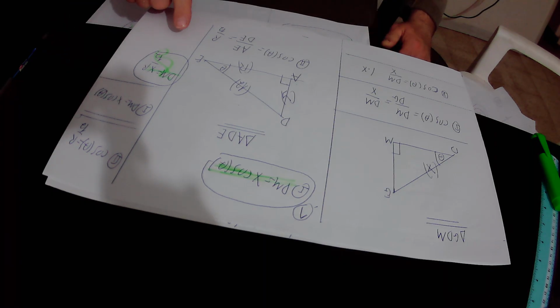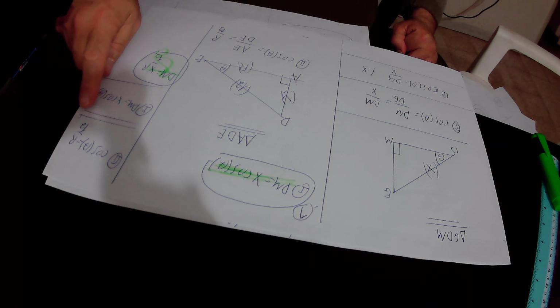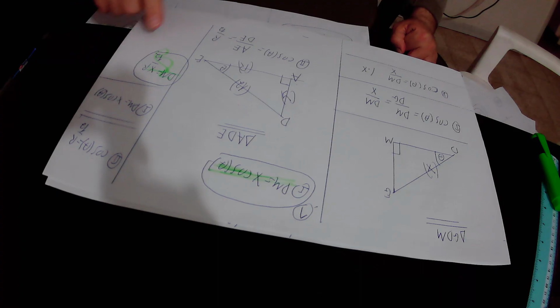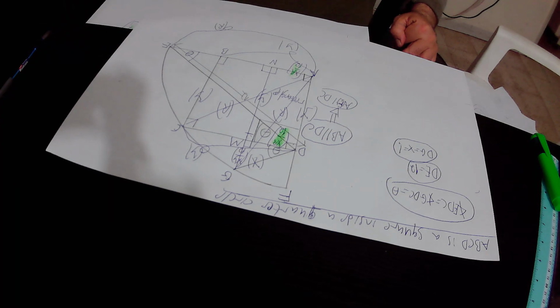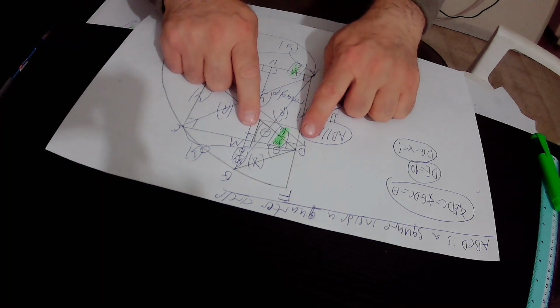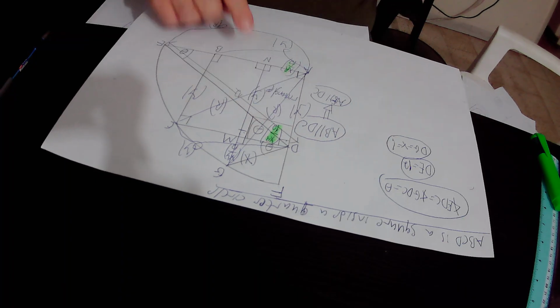We did it and found out that DM equals x times cosine theta, cosine theta equals R over 12. So in total we found out that DM equals xR over 12. So this is side DM. This is equal to xR over 12.